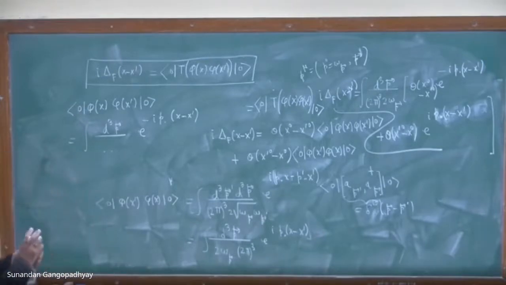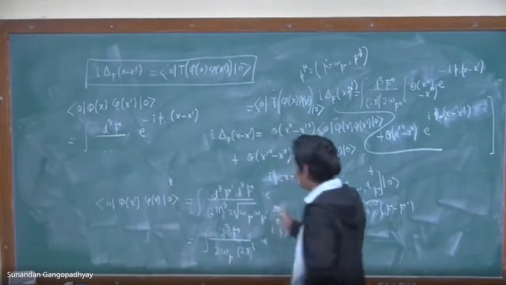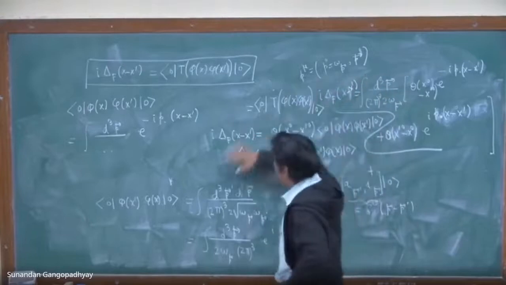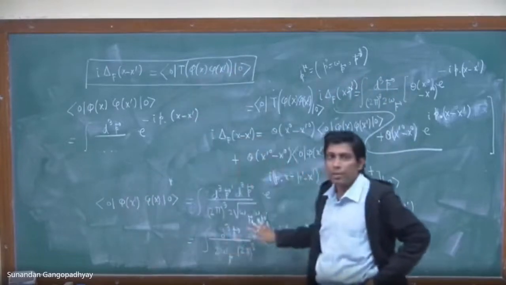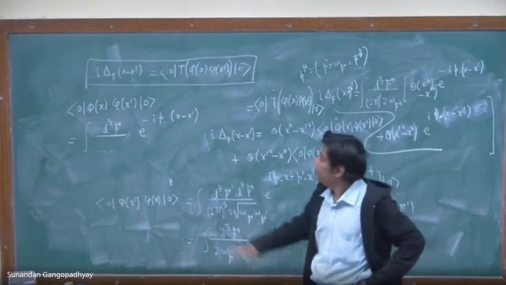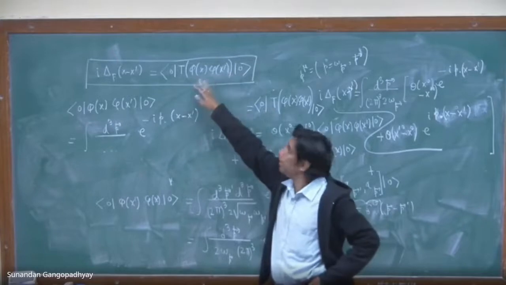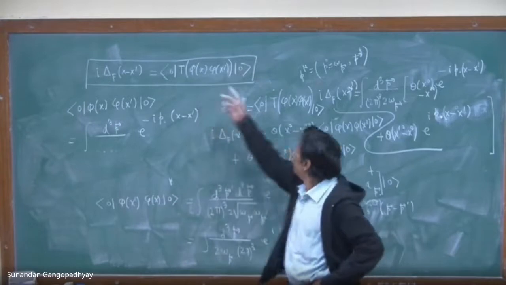You could have done it both ways. So what I would suggest you to do is start from here, use the definition of time ordering of two field operators, apply that definition, and then use the mode function and try to show that it is indeed equal to the quantity that we derived earlier.